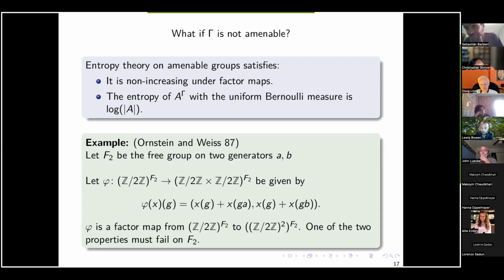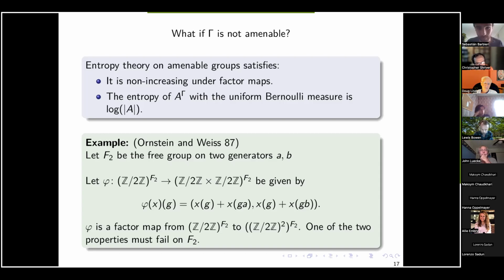So you can construct a factor map from the two shift to the four shift, and that means that either you keep the second property, so the entropy of the full shift is log of the size of the alphabet, and the first property fails, so entropy can increase under factors, or maybe you get the first property, but the second cannot hold. So you have to make a choice, right? You cannot have both properties on non-amenable groups, such as this one.